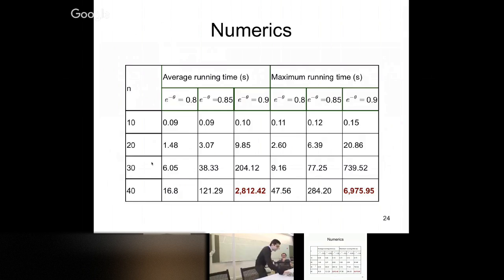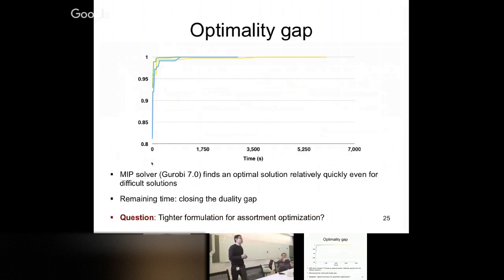But then we dug a bit deeper and saw what is happening in the solver. So I have 3 instances of that hard parameter setting, n equals 40 and the parameter being 0.9. So I have the duality gap that the solver obtained. Very quickly, the solver was able to find a good solution.